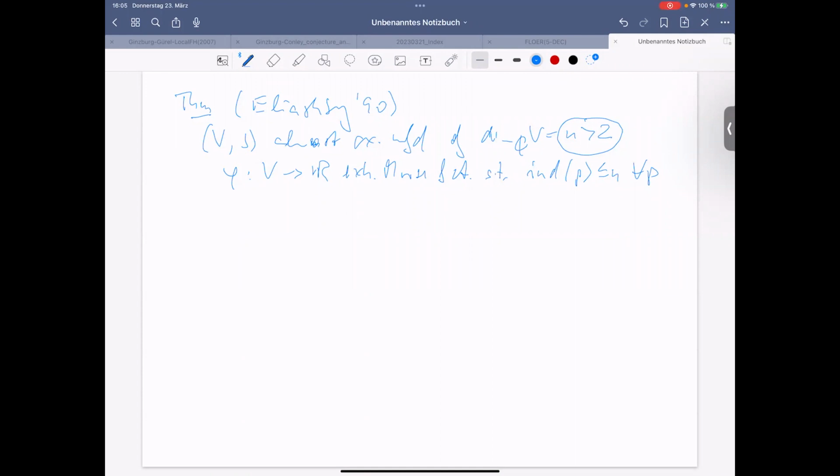So those two conditions are clearly necessary conditions for it to admit the structure of a Stein manifold.